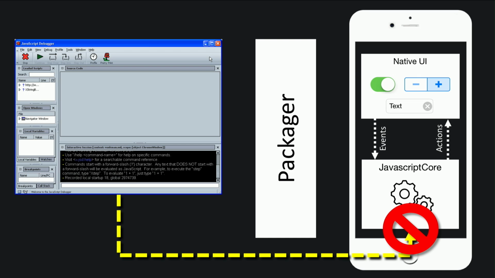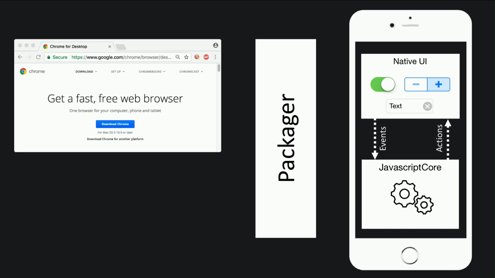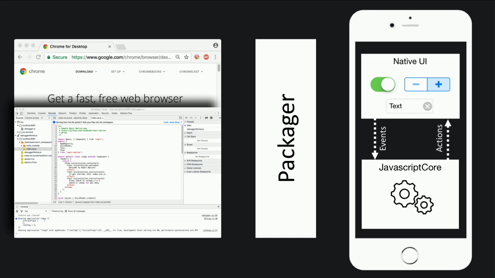So what can you really do? And this is where the guys who developed the debugger at Facebook actually came up with a super clever idea. You know what? The JavaScript core, the JSC, can run JavaScript. Who else can run JavaScript? Your browser, right? And what does the browser have? DevTools. What if you're able to run the JavaScript that's running on your phone, rather than running it on your phone, run it on the browser?